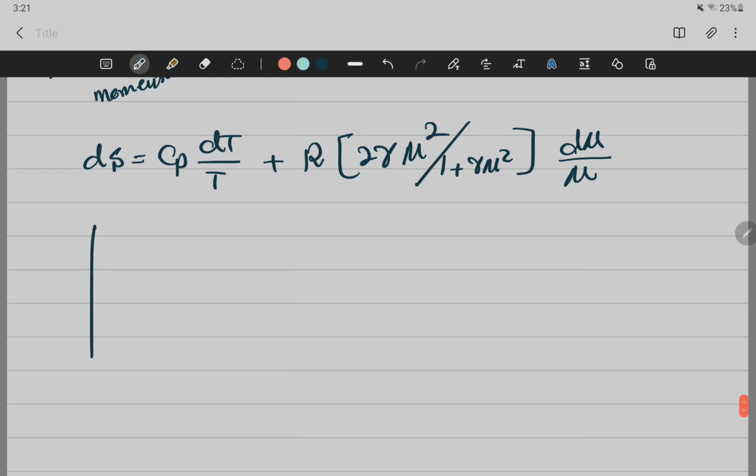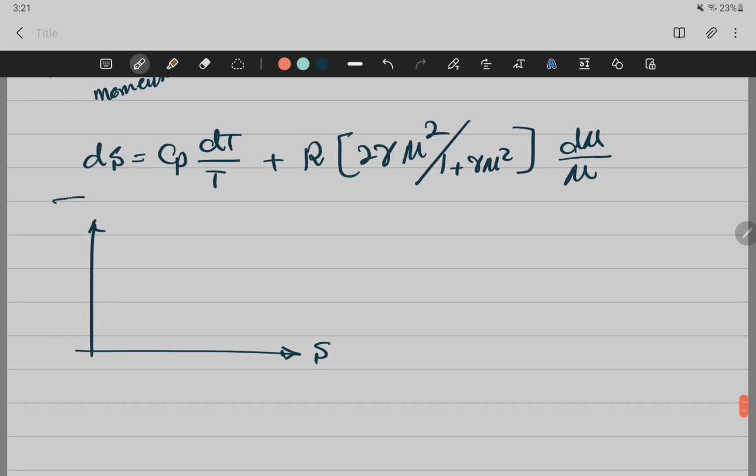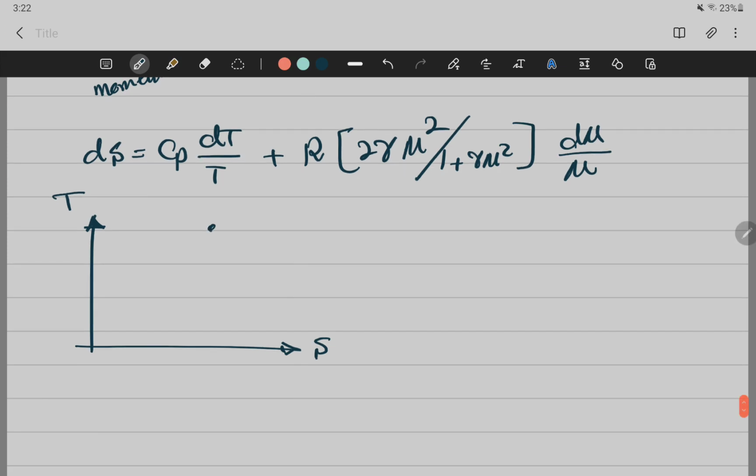And we can have a T-S diagram. How can we get the maximum value of temperature here? You can get the maximum value of temperature when your ds is 0. And the maximum value of entropy is going to happen when your M is 1.